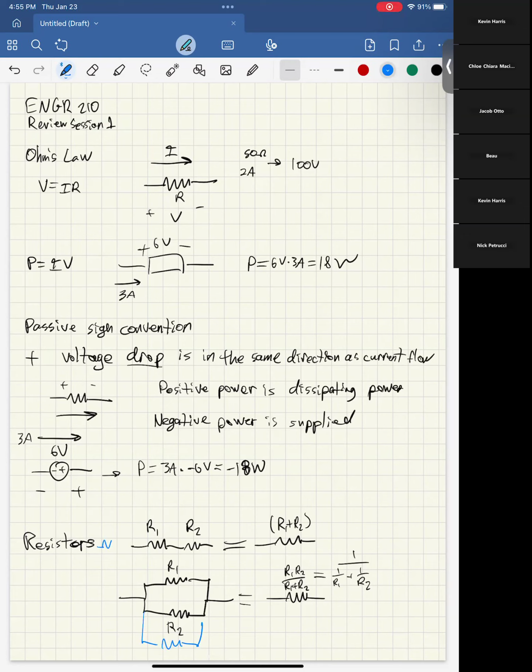I don't exactly remember the reason why, but the inverse of the total resistance is the sum of the inverses of the resistances. So this is where you get that, and if you flip this over, you get something like that. That's how resistors in parallel work.